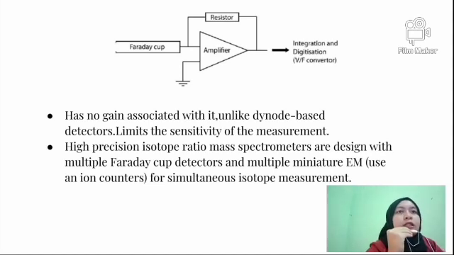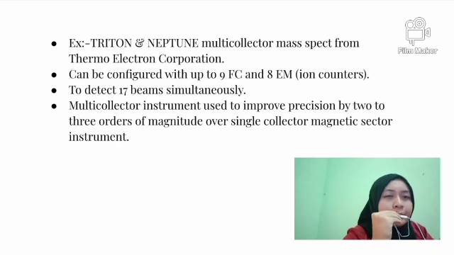It limits the sensitivity of the measurement. High precision isotope ratio mass spec are designed with multiple Faraday cups and multiple miniature electron multipliers, which are referred to as ion counters, for simultaneous isotope measurement. For example, the Triton and Neptune multi-collector mass spec from Thermo Electron Corporation can be configured with up to 9 Faraday cups and 8 electron multipliers.